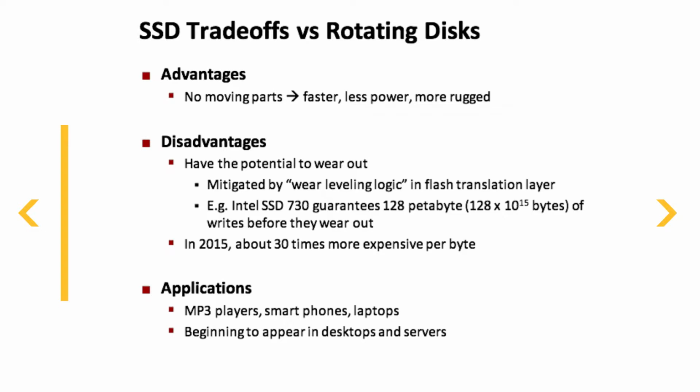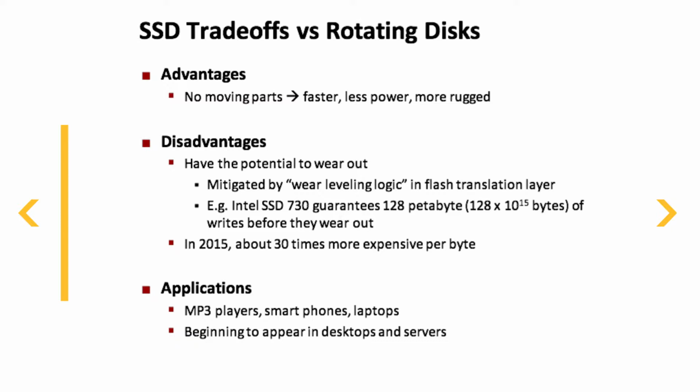However, they do have disadvantages. They have the potential to wear out. Now, there is this thing called wear leveling logic in the flash translation layer that does mitigate that. For example, the Intel SSD 730 guarantees 128 petabytes of writes before they wear out, but still they're going to wear out eventually.